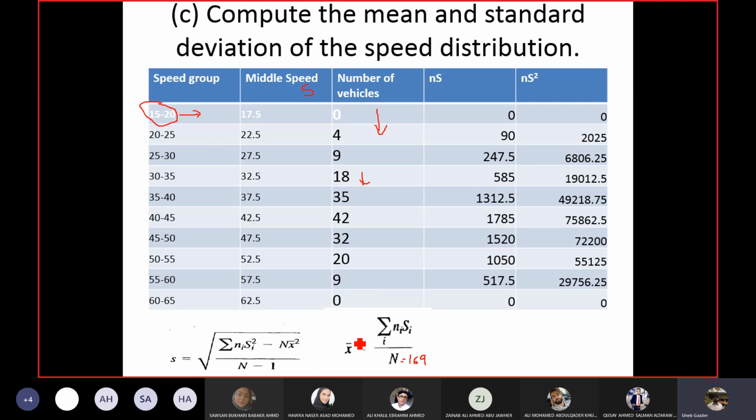X bar, whatever you will calculate from here. So give me the summation of ns and the summation of ns square. So the summation of these two columns basically.